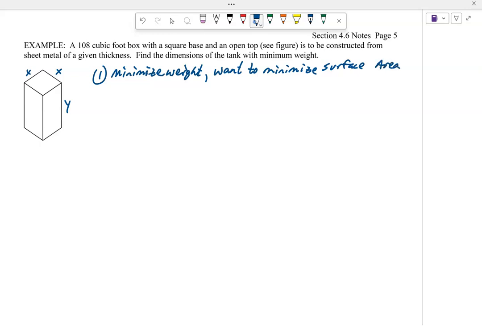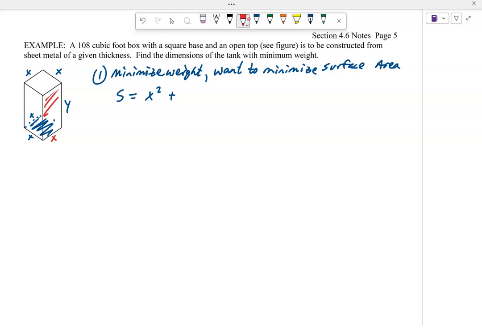You know, surface area is kind of like if you painted it, right? So our surface area would be, if I was drawing this, you have a bottom, that would be the x times x, right? That would be the x squared. Plus, how much more if you were painting this? But of course, we're not painting it, we're using sheet metal here. But each panel, let's do this front panel. We have x times y, right?